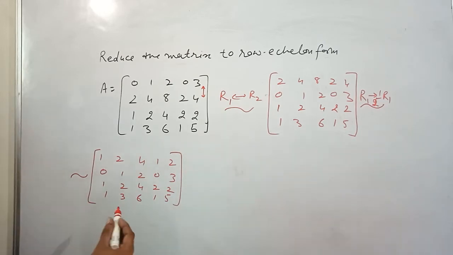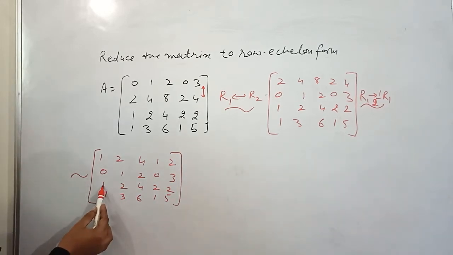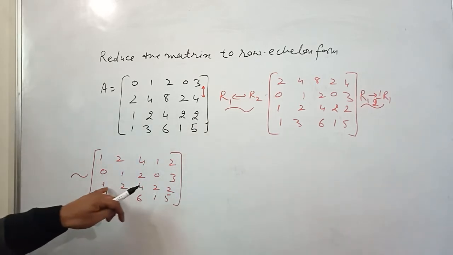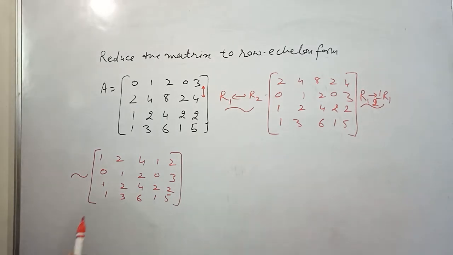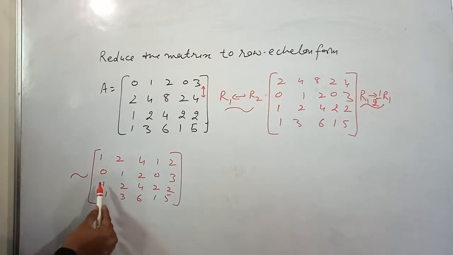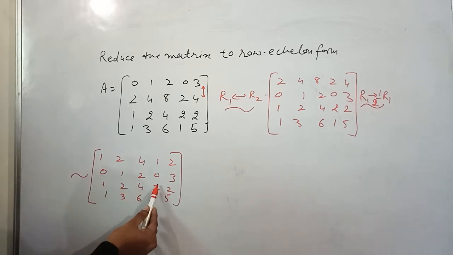Now we want here at least 2 zeros in this row. And if there are at least 2 zeros, then in this row there must be at least 3 zeros. If there are 3 zeros before the non-zero entry, then here there must be 4 zeros.